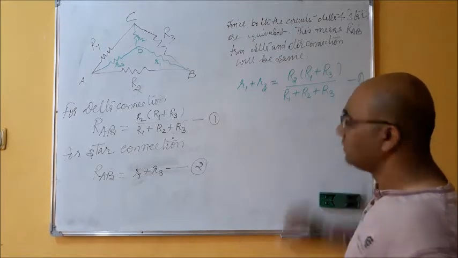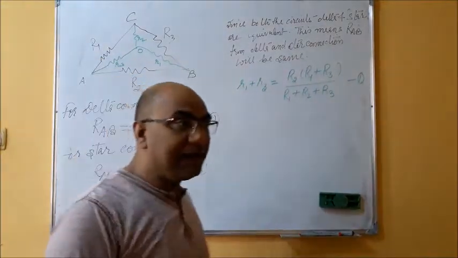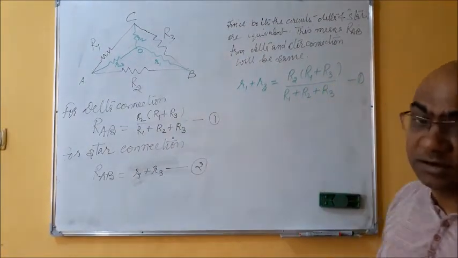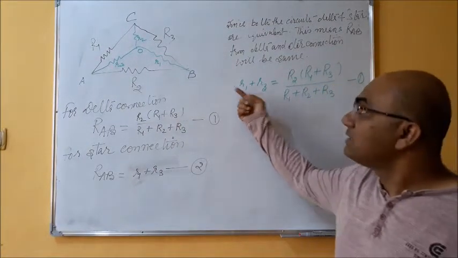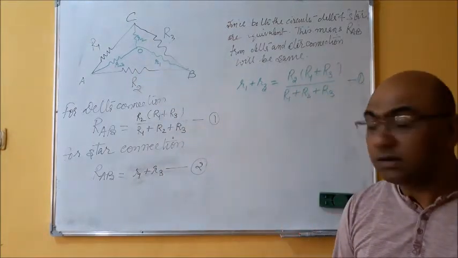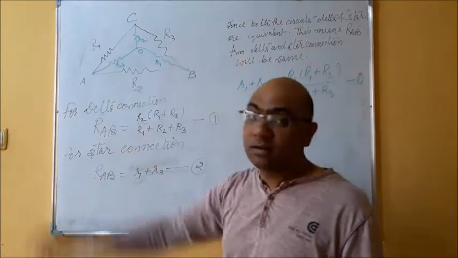Equation number 1. So finally I get a relation between the small r and capital R. The small r means when resistances are connected in star. Capital R means when resistances are connected in delta.